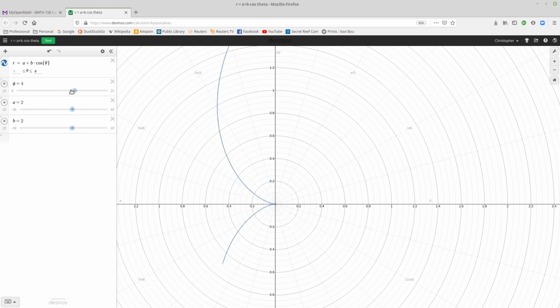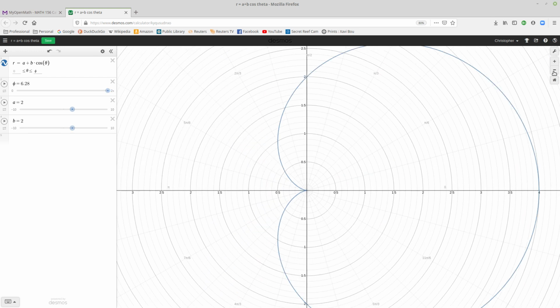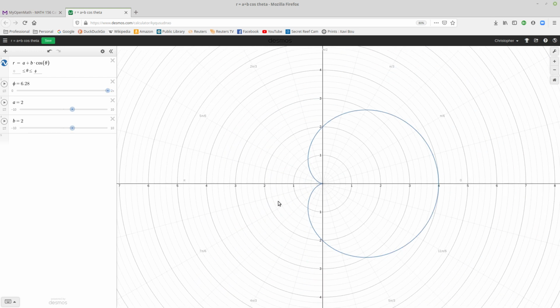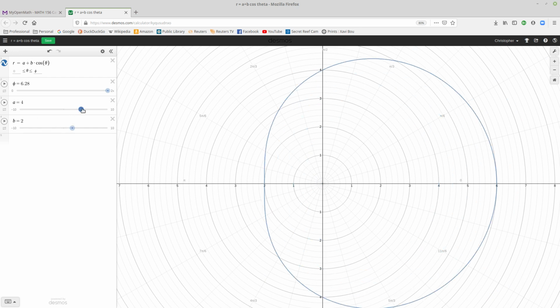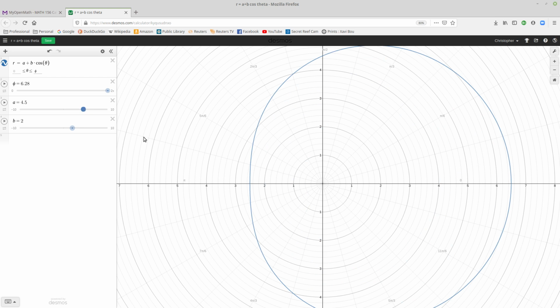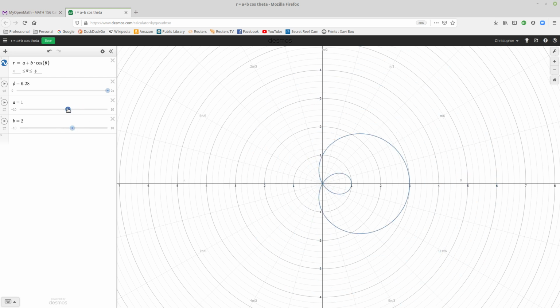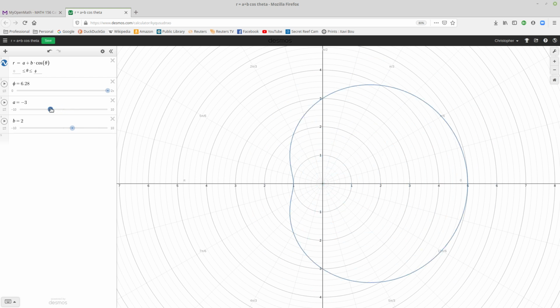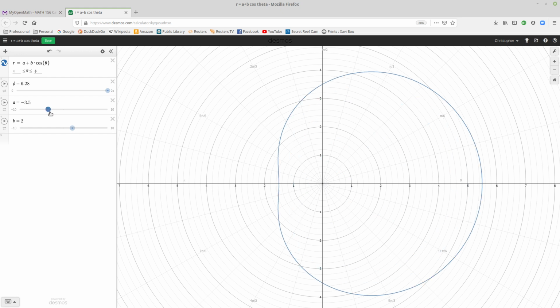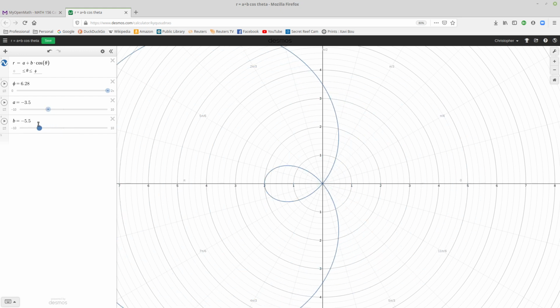And so if I have them both doubled, and I zoom out so you can see it, that's a lot like the shape that we started with when A and B were both equal to 1. But when A is drastically larger than B, we see that flatten out on the left-hand side. Whenever A is smaller than B, we see that loop appear. When A is negative, okay, we see a little bit different behavior, and when B is negative, we see a little bit different behavior as well.